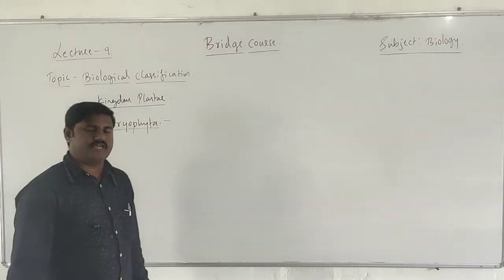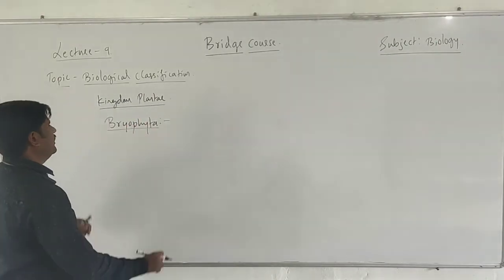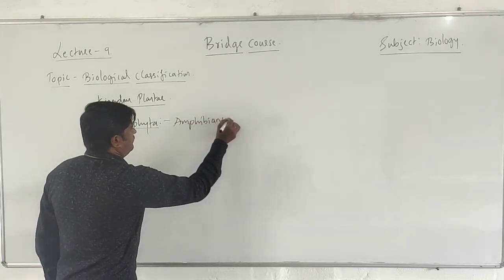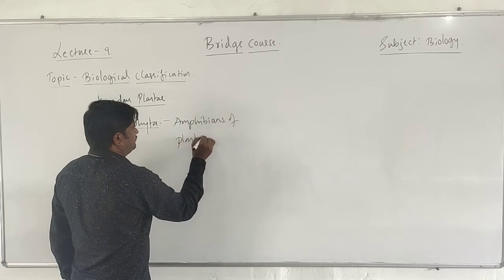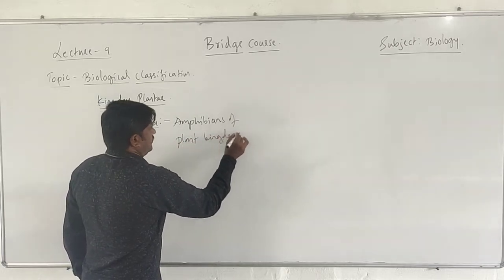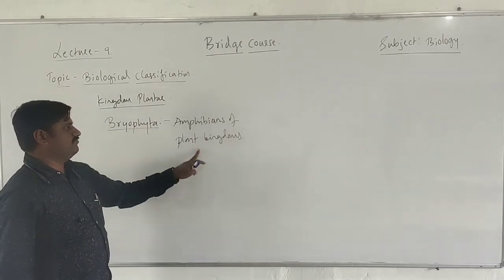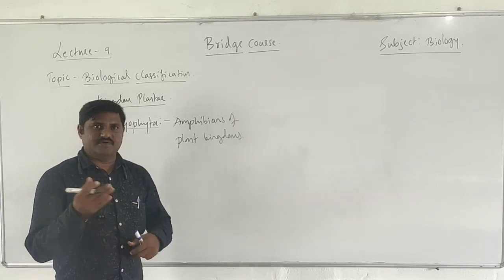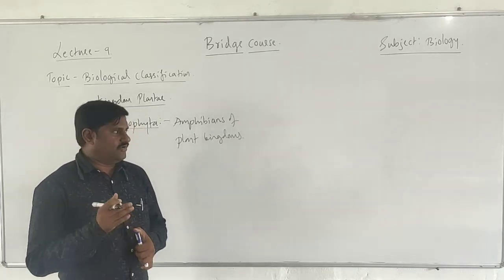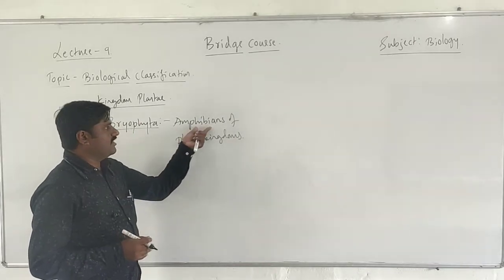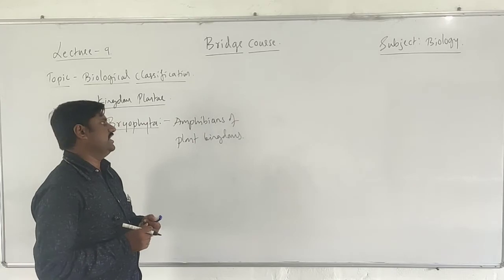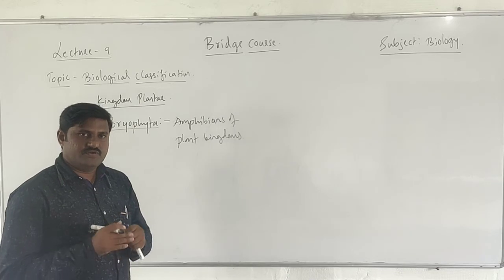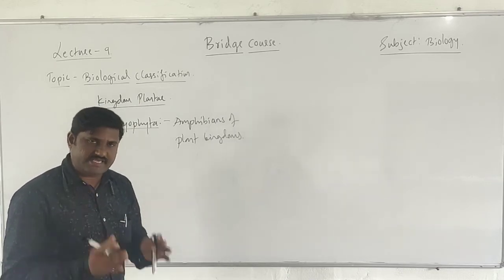We call them havasa sasyagalu. These plants are commonly called the amphibians of the plant kingdom. Why are they called amphibians? In animals we may have seen amphibians. Bryophytes are called amphibians of the plant kingdom because these are plants which need both water as well as soil for their existence.